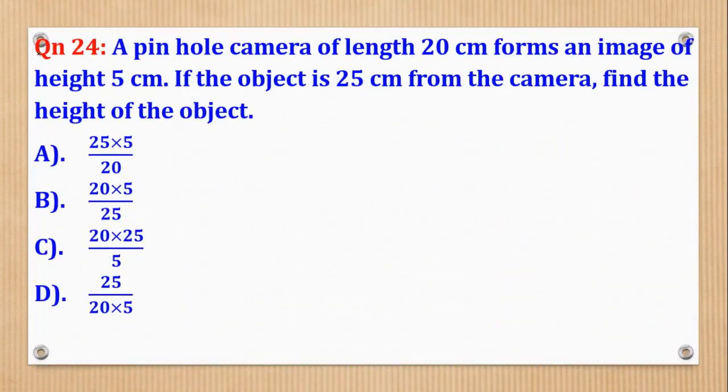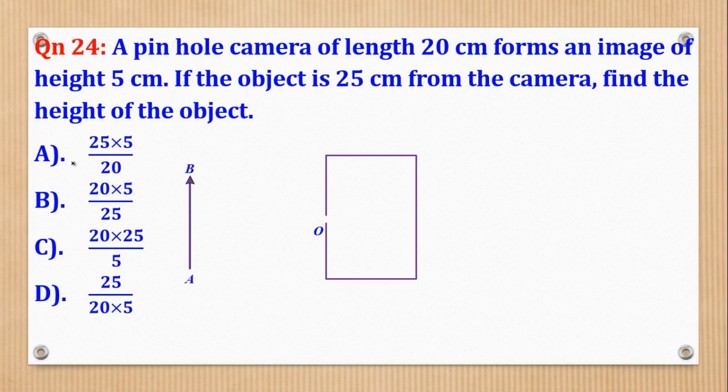Question 24 says, a pinhole camera of length 20 centimeters forms an image of height 5 centimeters. If the object is 25 centimeters from the camera, find the height of the object. I'll give you these options. So here we are going to first sketch a pinhole camera. Then we shall put an object somewhere.